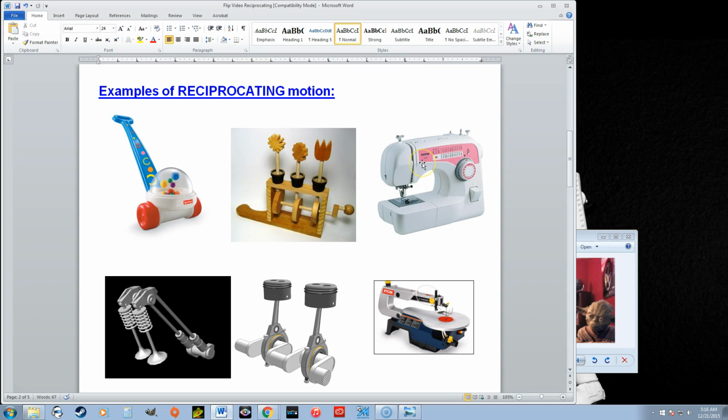The sewing machine needle goes up and down. The electric motor inside spins one direction, and that causes the needle to go up and down. The scroll saws used in class are similar. The blade goes up and down repeatedly.